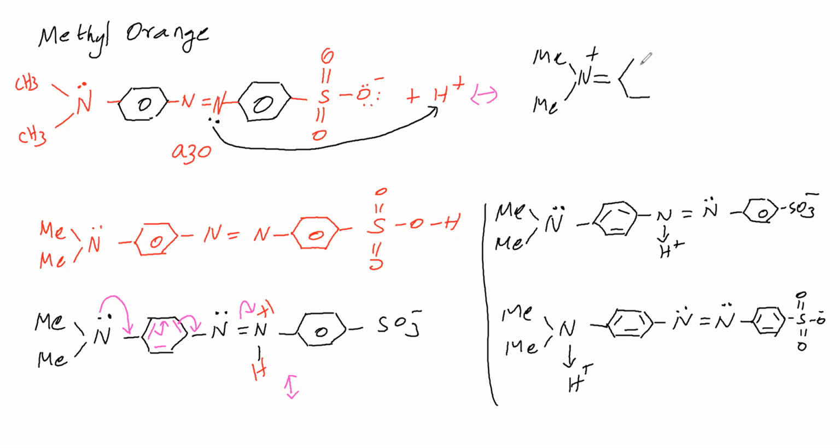Then that phenyl ring we will write. Here this pi bond goes to this place. This pi bond has no change. This pi bond becomes here, therefore this single bond becomes a double bond. Then N, this double bond becomes a single bond. Now this N is getting a lone pair, the pi bond is becoming a lone pair here.